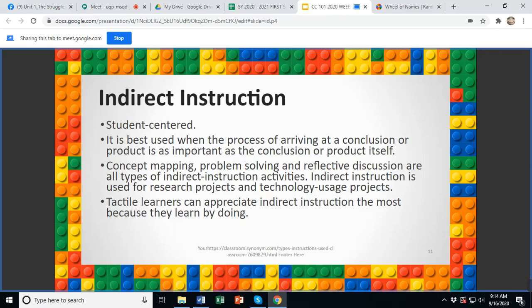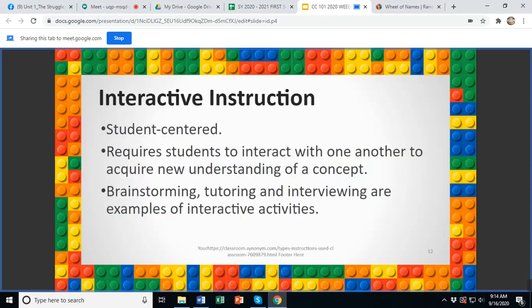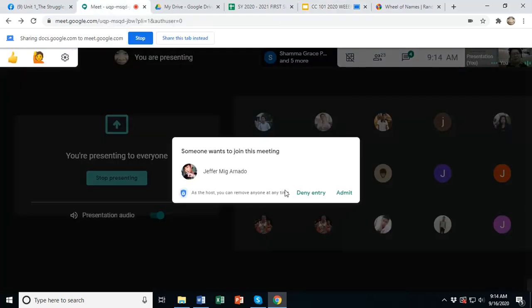Well, in our situation, we have a different type of instruction. It's called interactive instruction. If I were the only one allowed to talk, that would be direct instruction. After I talk for 20 minutes or so, I'll tell you goodbye and then you can leave the forum.